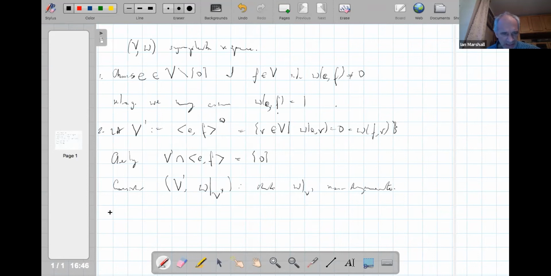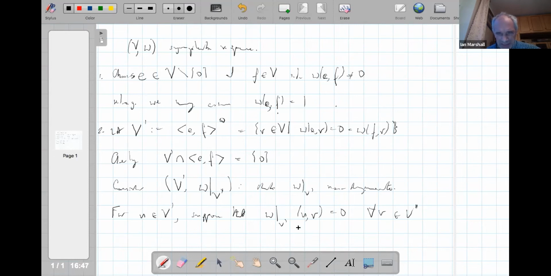How can I do that? For u in V prime, let us suppose that omega restricted to V prime of u and v is equal to 0 for all v in V prime.